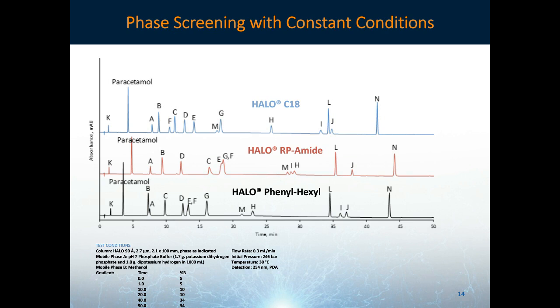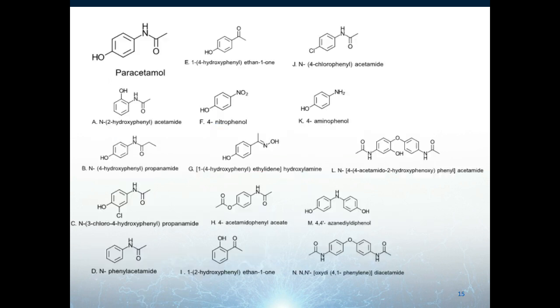The other compounds I'd like to point out are impurities F and M on the Halo C18 compared to F and M on the Halo RP-Amide. So what you can immediately see is that F and M are both more retained on the Halo RP-Amide. And if you take a closer look at the structures of those two, F is 4-nitrophenol and M is 4'-azanediyl diphenol.